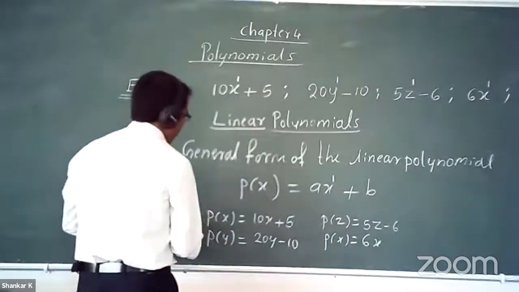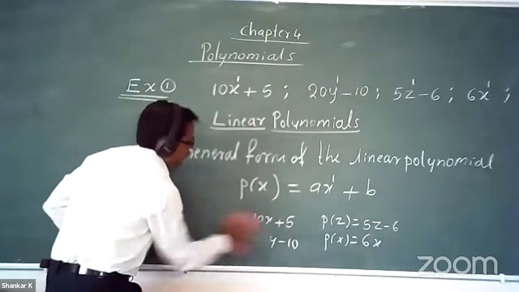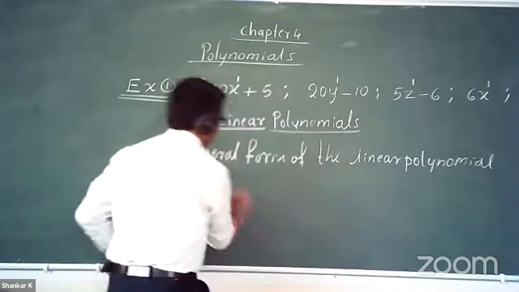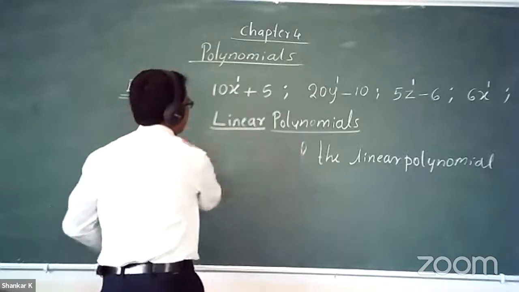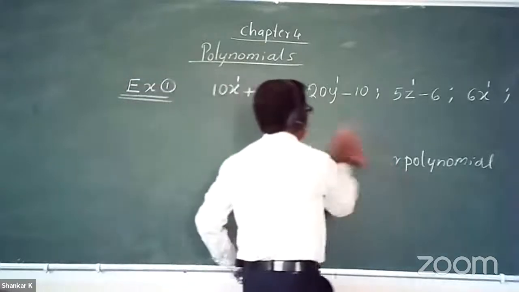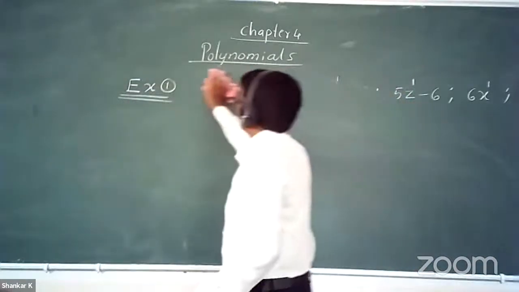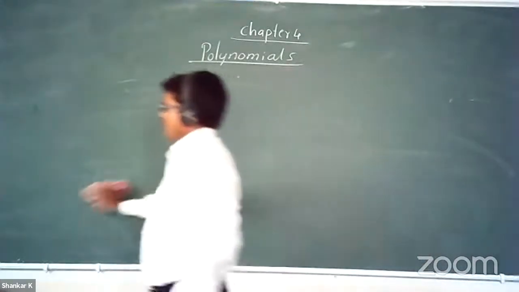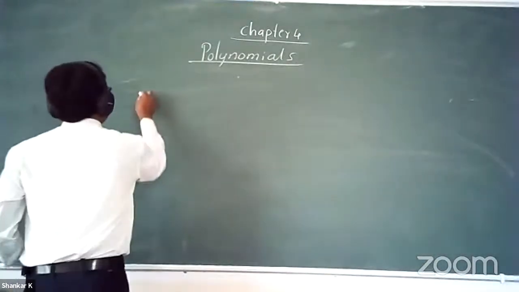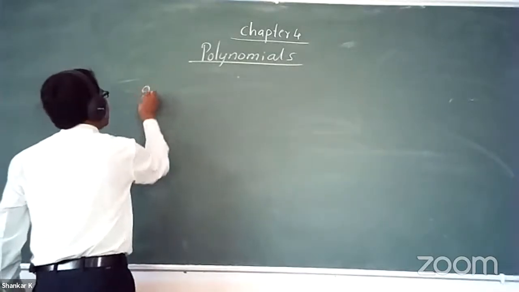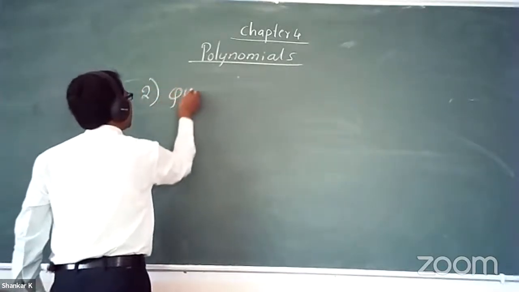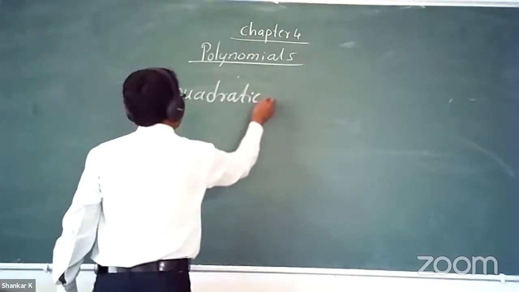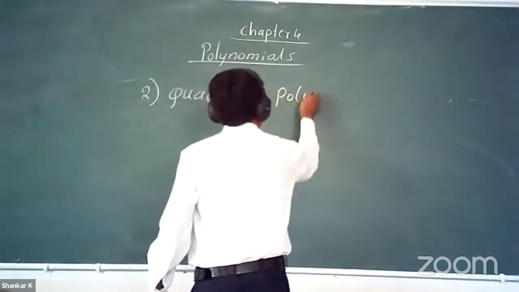Next, another polynomial is there. This is the linear polynomial. The next one is called the quadratic polynomial. The second one is a quadratic polynomial.